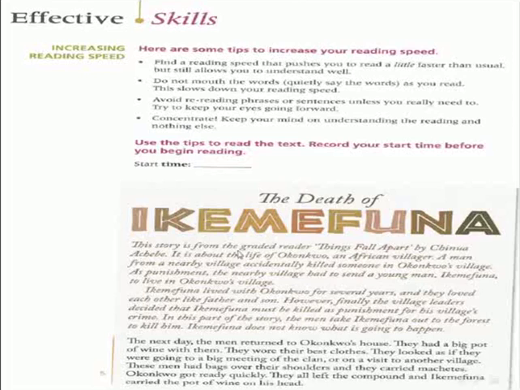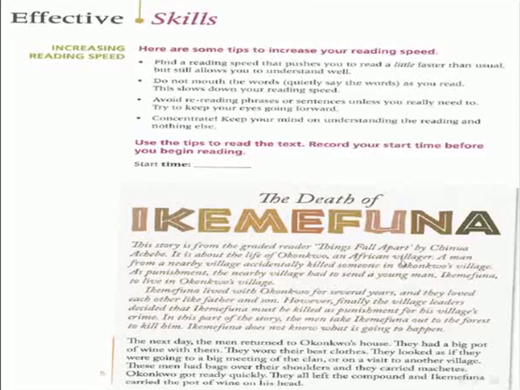This story is from the graded reader Things Fall Apart by Chinua Achebe. It is about the life of Okonkwo, a person who lives in an African village.